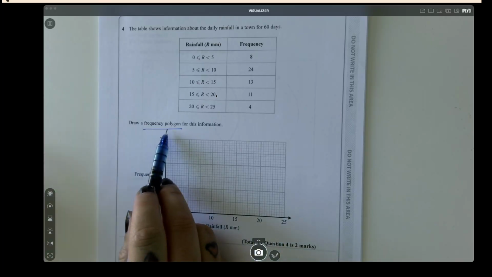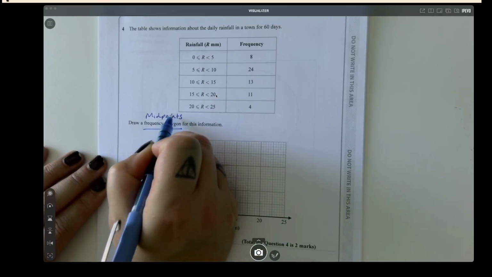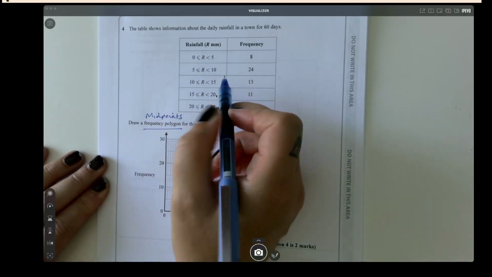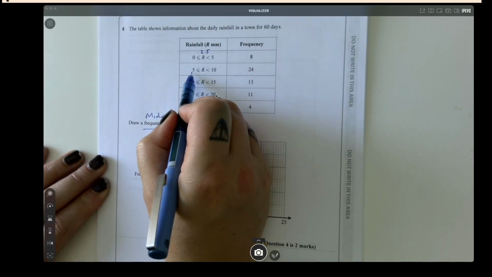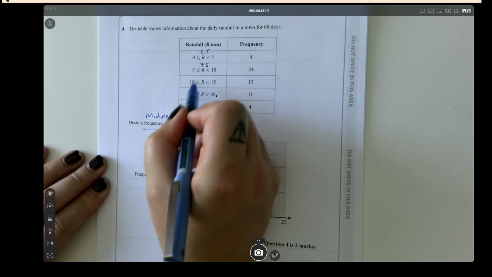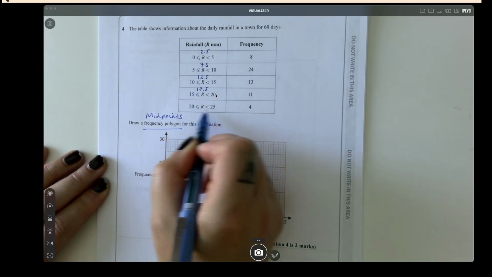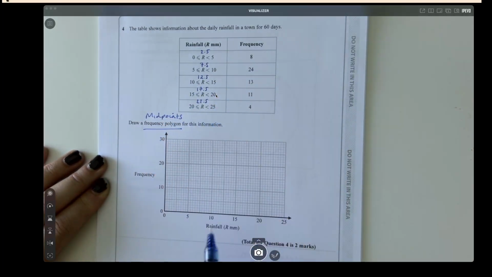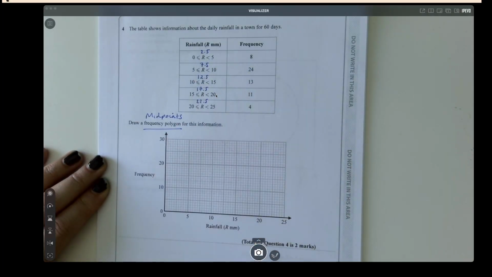So when we're plotting a frequency polygon, we need to plot with the midpoints. So we want the midpoints of these ranges. So halfway between 0 and 5 is 2.5. Between 5 and 10, 10 and 15, 15 and 20, 20 and 25. So we're going to go along to the midpoint, up to the frequency and mark a cross.